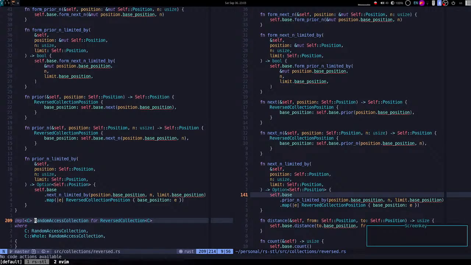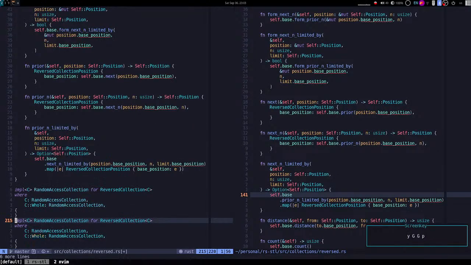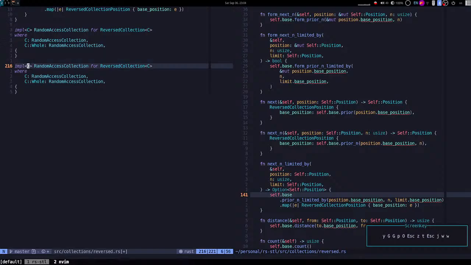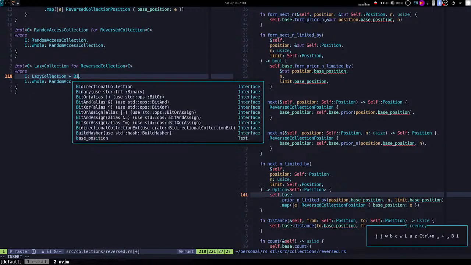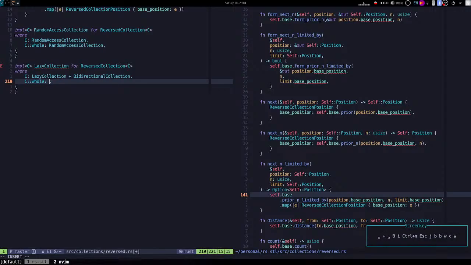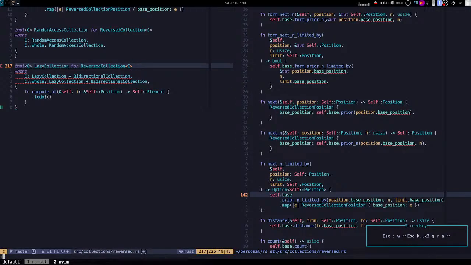So how do we implement reorderable collection, lazy collection? There's so many of it, right? So let me try doing lazy collection, right? Lazy collection, and I have to implement, so it should be lazy collection plus bidirectional collection, and similarly lazy collection plus bidirectional collection, right? And I have to implement the missing member, right?